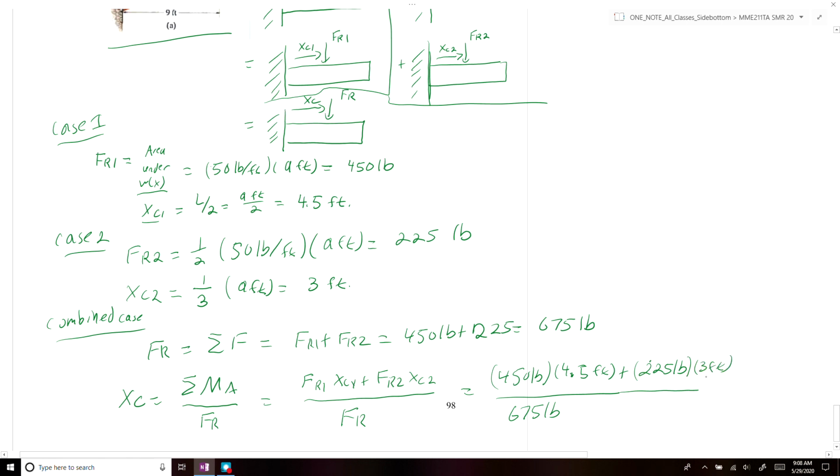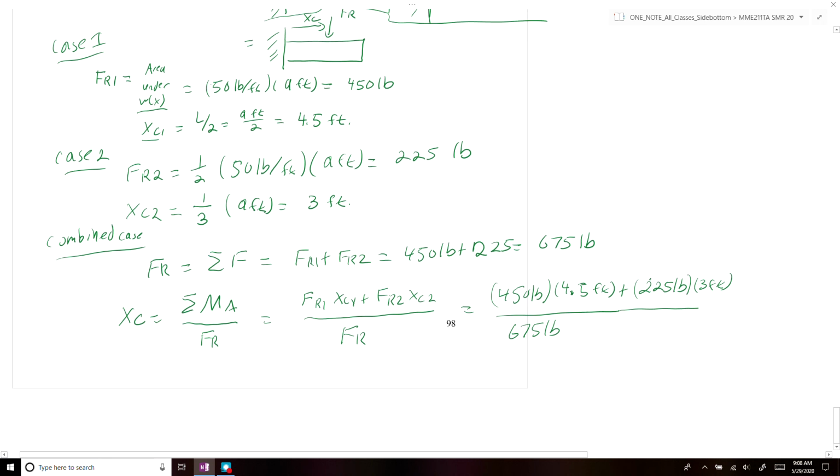All right, so this ends up being equal to 3 feet plus 1 foot, which is just equal to 4 feet for X sub C.